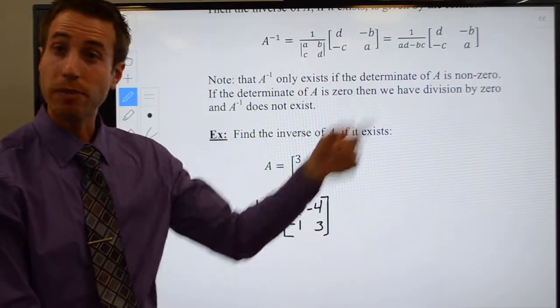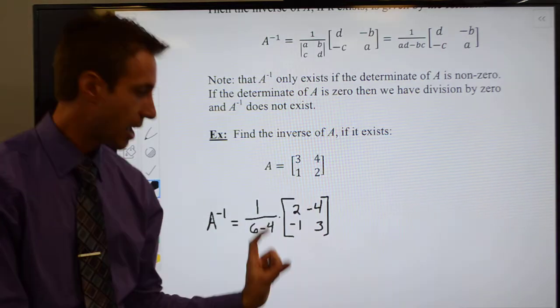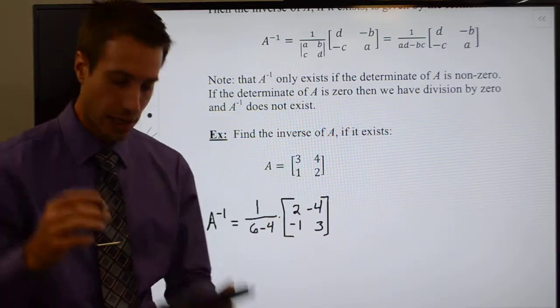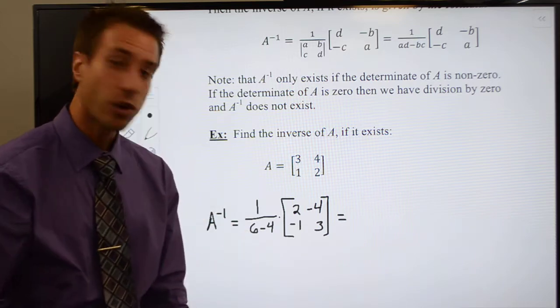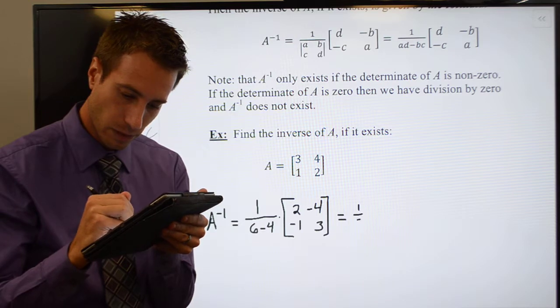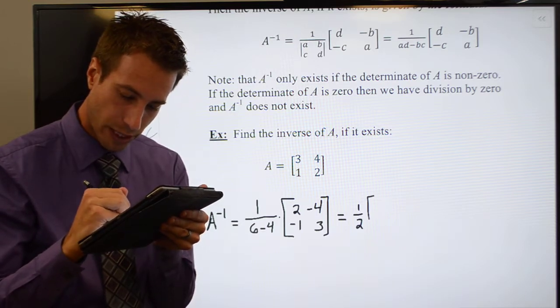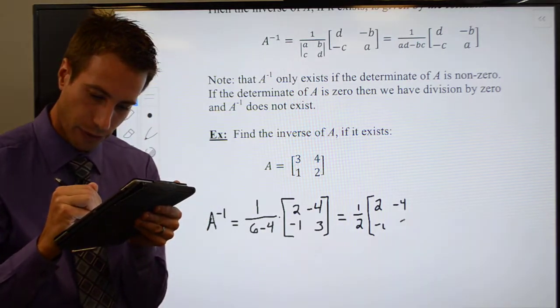That's what this formula tells you to do: 1 over the determinant, and then transform the matrix. So here we go. 6 minus 4 is going to be 2, so I wind up with 1/2, multiplied by my transformed matrix, 2, negative 4, negative 1, and 3.